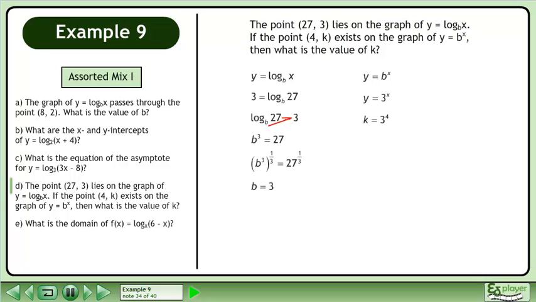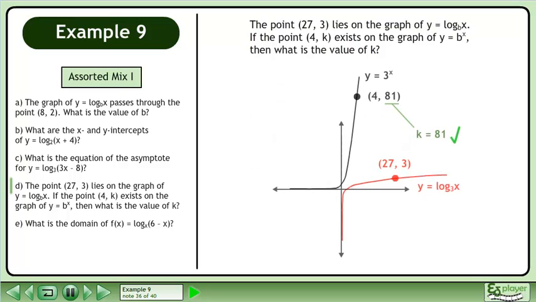Now plug in 4 for x and k for y. The value of k is 81. If we bring up the graphs, we can see both points.